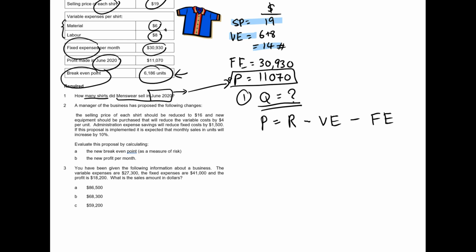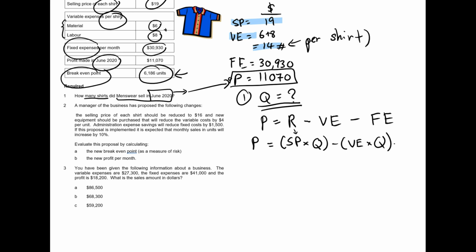If I expand it, I get profit equals selling price times quantity minus your variable expenses times quantity as well, because this variable expense of $14 is the variable expense per shirt, so you have to multiply with the quantity, minus your fixed expense.